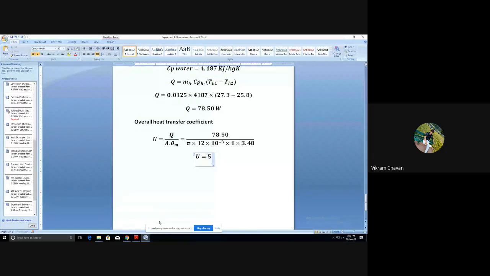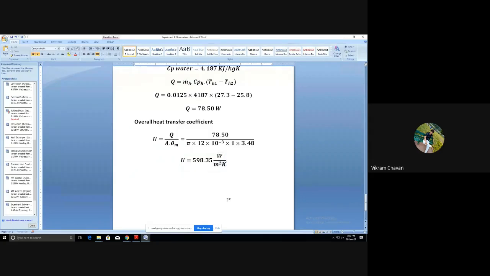It is 598.35 watt per meter square Kelvin or degree Celsius.